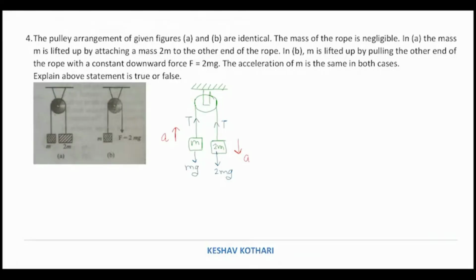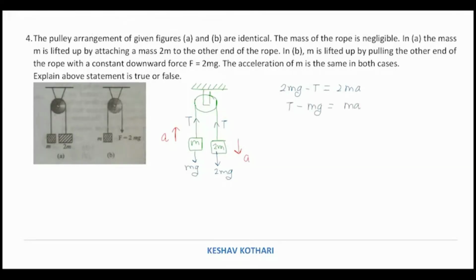So if I calculate the value of acceleration over here, we can write the equations in this way. For the 2m mass, we write 2mg minus T is equal to 2ma. And for the second, that is small m, we write the equation as T minus mg is equal to ma.